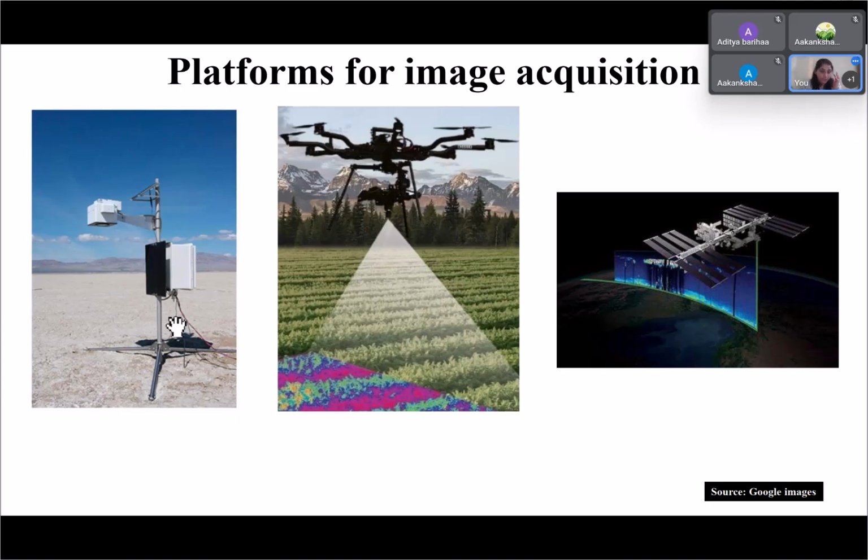Next, you can have drones, but drones can only go to a certain limit, and you have to manually adjust again. And then you have satellites, which are in outer space, so they have more range that can be covered. So you have satellites, drones, and ground cameras.